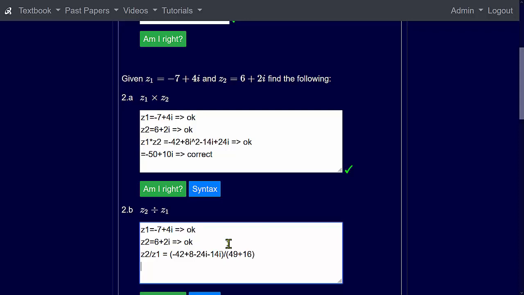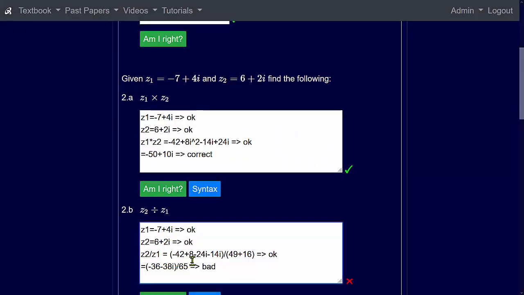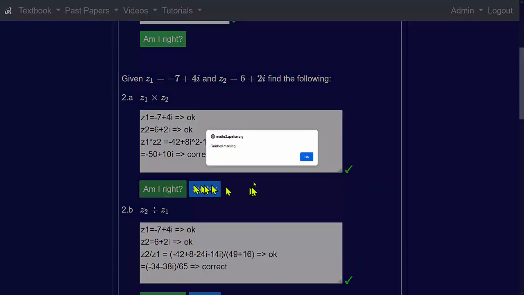Okay, that's what we're doing, and that's going to equal minus 36, no, why did I say 36? It's 34. So minus 34 minus 38i, divided by 65. Are we right? Yes, good.